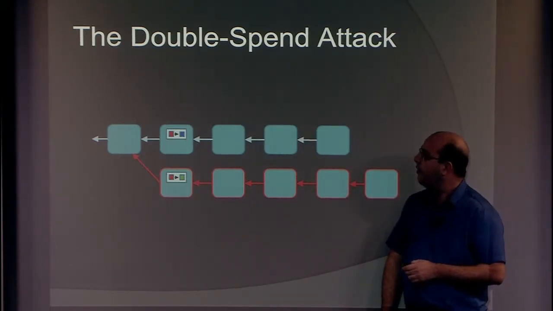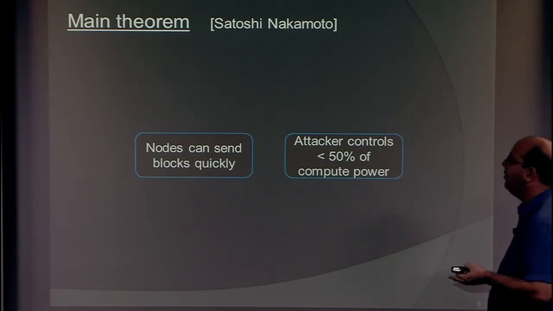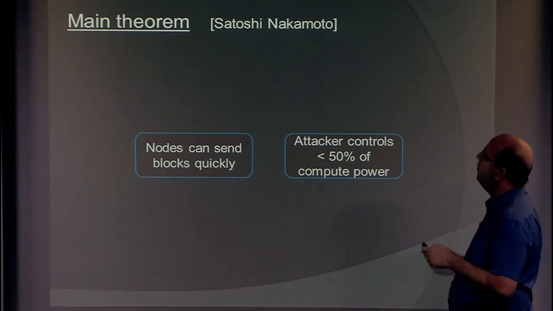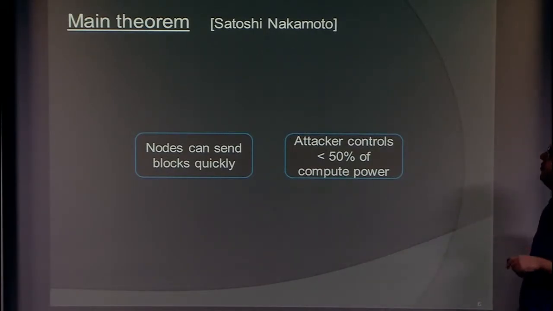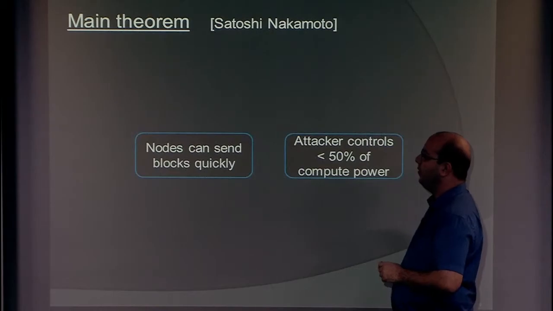So the basic theorem that stands at the core of Bitcoin is one that its inventor presented in the first paper that he wrote about this. He started the system in 2009, but in late 2008, he released a paper that explains how it works.